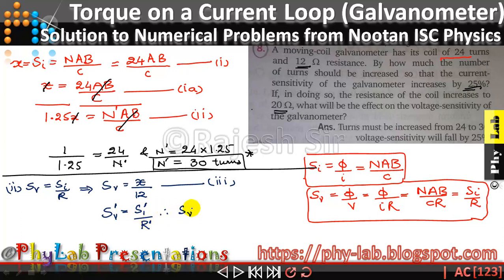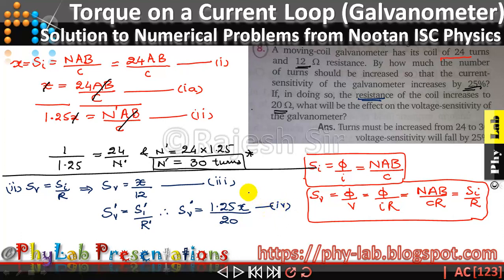Therefore SV dash will be equal to, what is the new current sensitivity? That is 1.25 times the initial current sensitivity, so 1.25x. And what is now the new resistance of the coil? The new resistance of the coil has become 20. So this becomes my equation number 4.